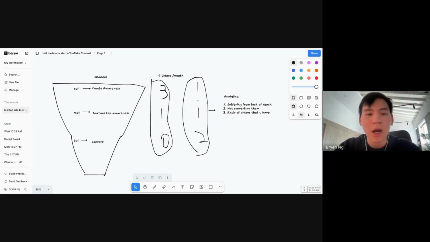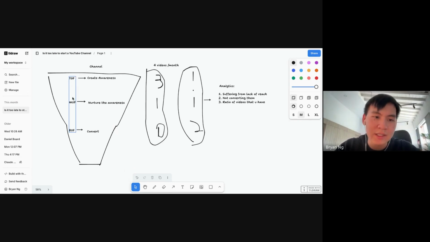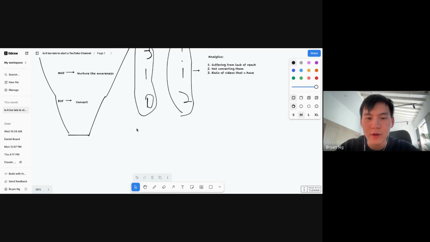So how do you decide what ideas and what ratio to look at for your top of funnel, middle funnel, and bottom of funnel? It's a couple of things. Number 1, it's your channel. It's looking at what videos are performing best, and what videos are performing in your niche.